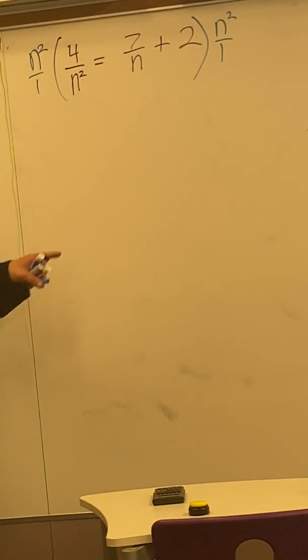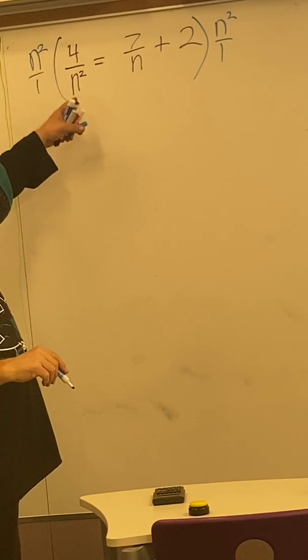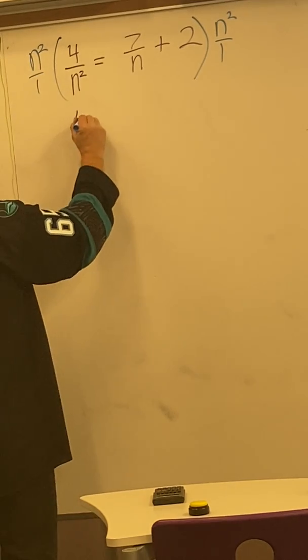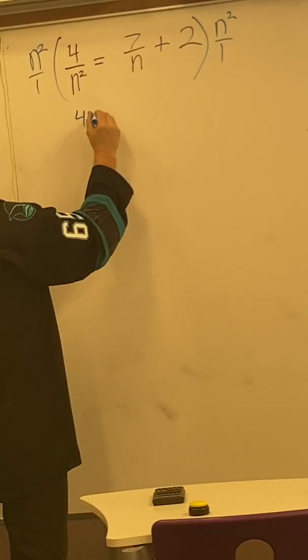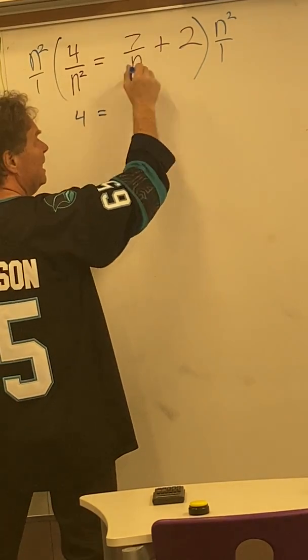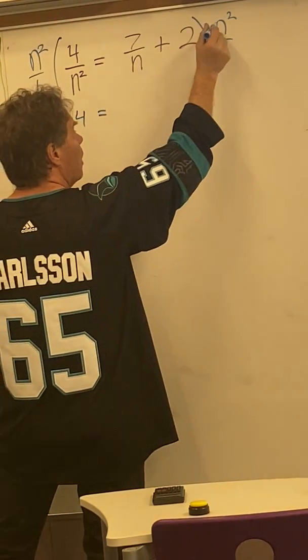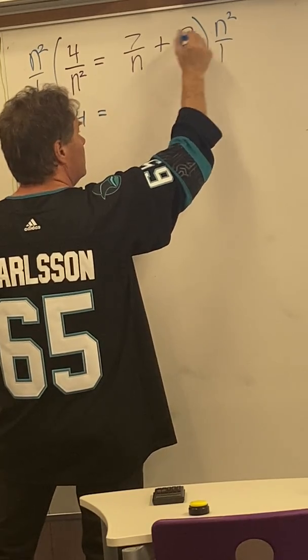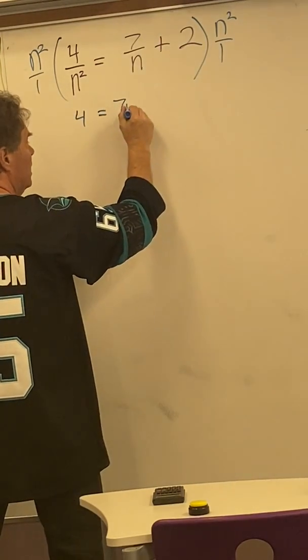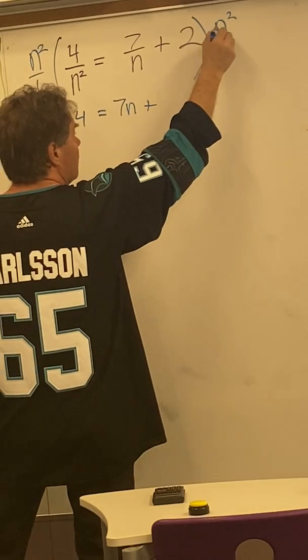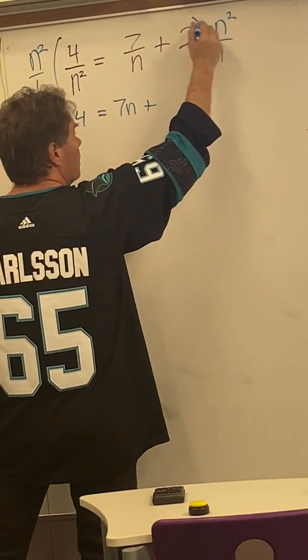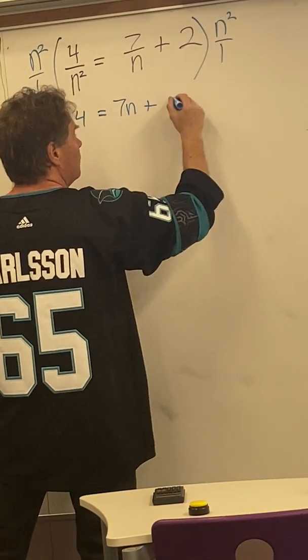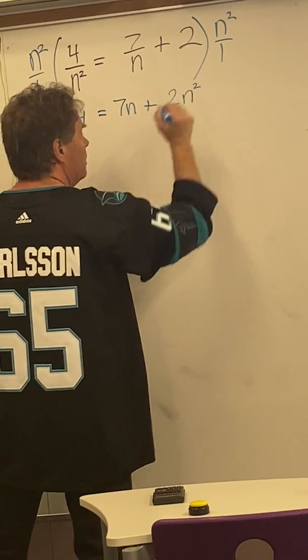It has to be everything in the equation. So here, the n squareds cancel, and I just get 4. Here, this n cancels with one of these n's, but not both, giving me n times 7 is 7n, plus, now the n squared came back, n squared times 2, nothing cancels here, so it's 2n squared.